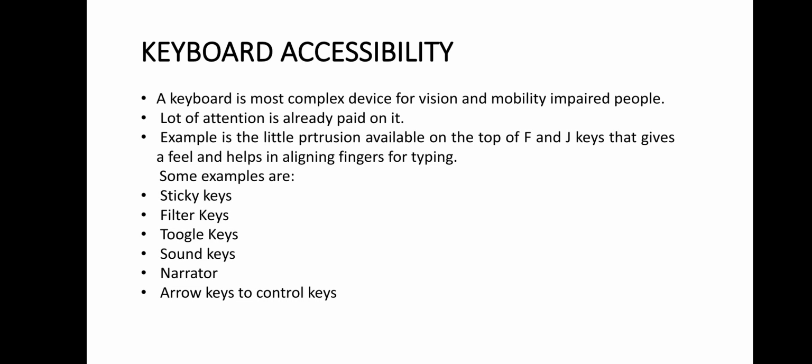One more option is there. You can see at the end, arrow keys to control keys. These arrow keys are going to control some other devices. Arrow keys are available on the keyboard, and for physically disabled people we use arrow keys to control the mouse, because as we know, one category is mobility impaired users, who have problems moving the mouse.